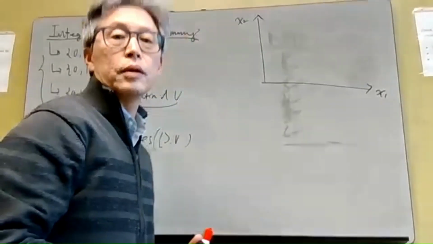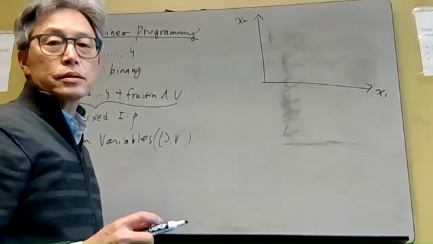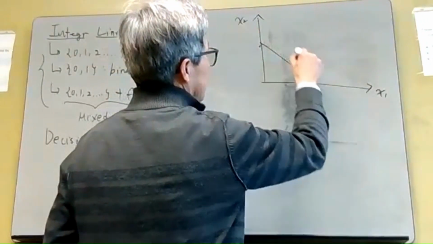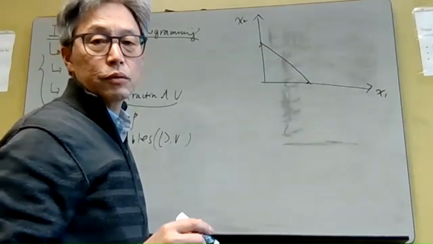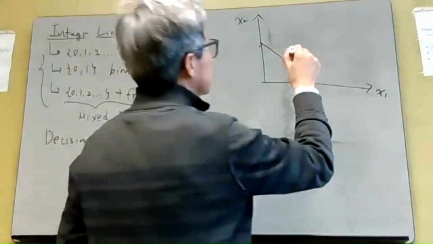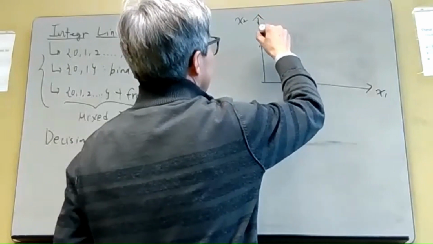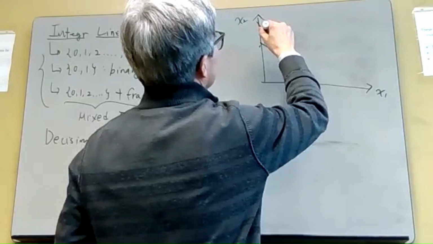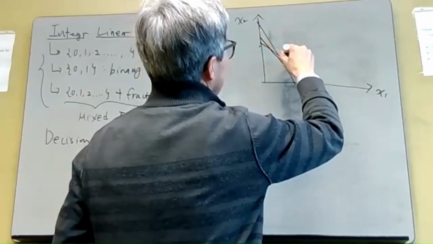Okay. Now, 1x1 plus 1x2 should be less than or equal to 200, and 9x1 plus 6x2 less than or equal to 1566. There might be these kinds of constraints, and the graph will be like that.